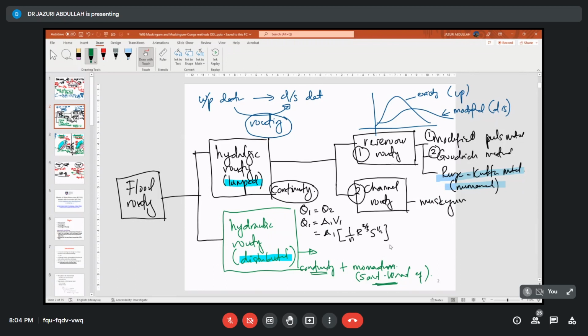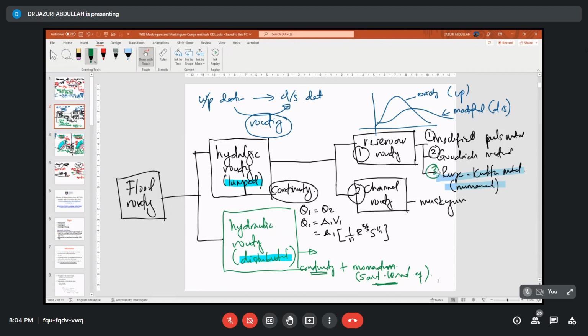Okay, ada soalan berkenaan dengan topik yang kita akan cover untuk flood routing? Kita akan cover semua, tapi for the reservoir routing we are not going to cover everything. Reservoir routing I will choose only one method as compared to 3 methods that we have now.